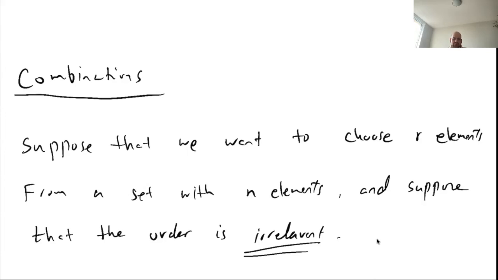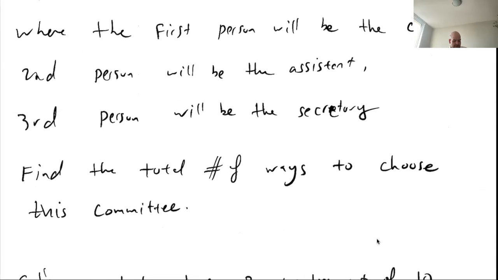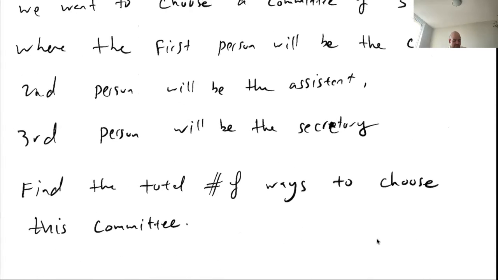How do we know whether the order is relevant or irrelevant? Well, we have to read the question carefully. In the previous example, we were saying that we want to choose a committee of 3, and the first person will be chair, second person assistant, third person secretary. But if I say that I want to choose a committee of 3 and all 3 people will have exactly the same role, then the order will be irrelevant, right?